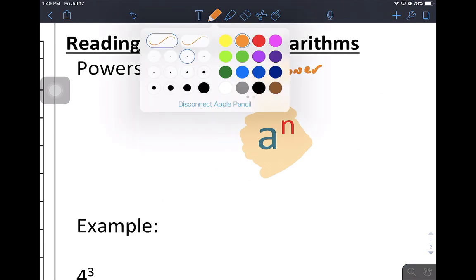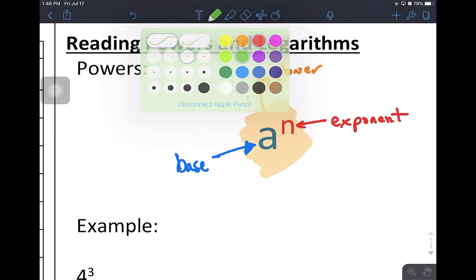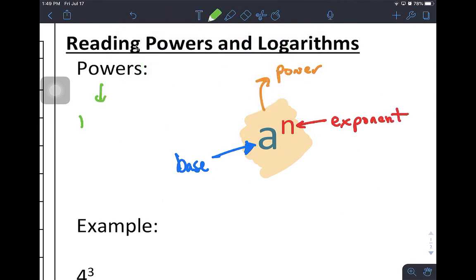The larger number, as in larger print, that's your base. The number that's in superscript, that's your exponent. And remember, powers mean repeated multiplication.